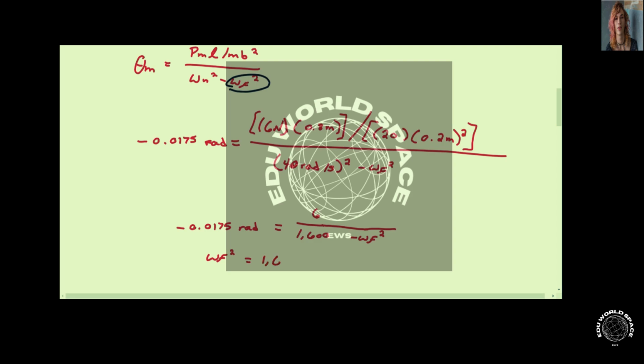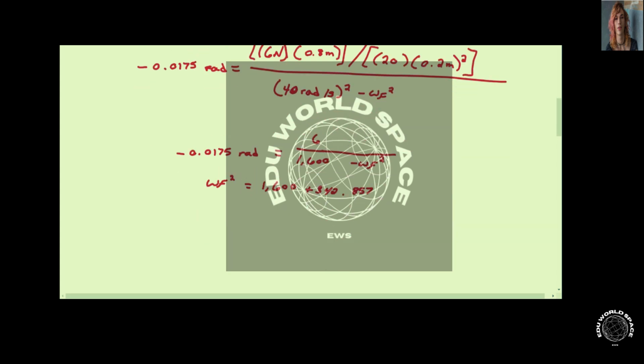And we get 1,600 plus 342.857. And we're just going to take the square root, equals 44.1 radians per second.